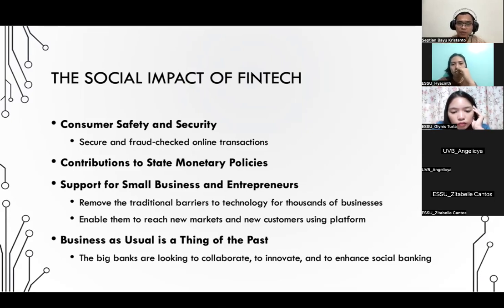So this is the power, the social impact, of why we engage in the financial technology industry. I think this is a good step for our future banking, because we do not depend on big banking, but also have a new era and new business in financial services.